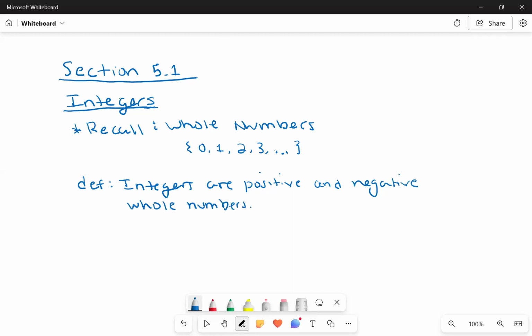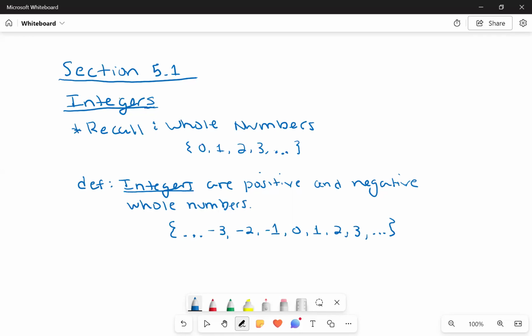If I were to list them out, just like how I did the whole numbers above, I would actually have to put the dot, dot, dot at the end in two different directions because there are the negative numbers. So -3, -2, -1, and then 0, 1, 2, 3, and then dot, dot, dot in both directions. So it's going to positive infinity and negative infinity.